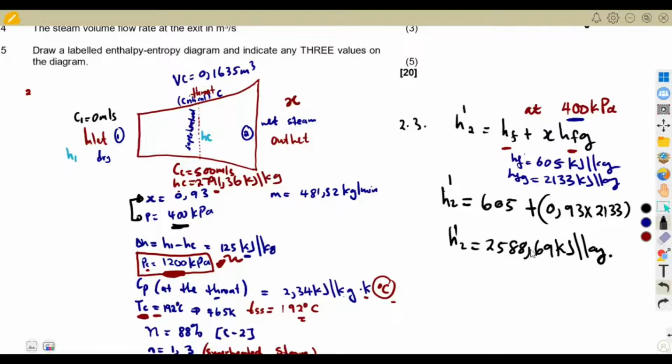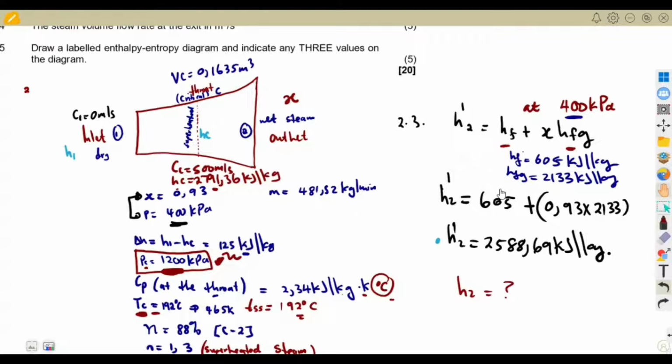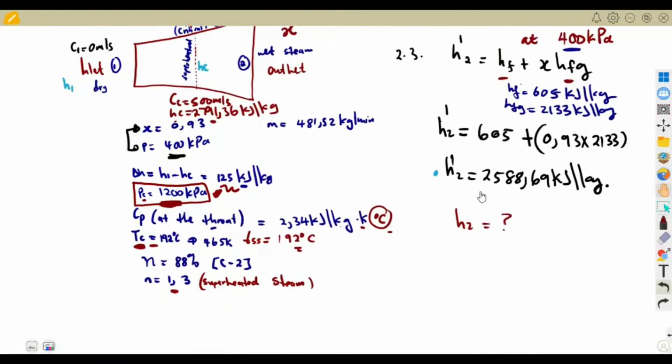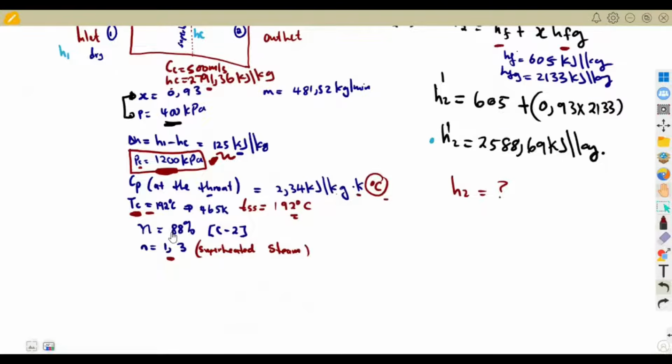Then what about the specific enthalpy now? For the actual enthalpy, in order to calculate it, we can take advantage of what we have also, because remember, we also have the efficiency of this section, which is the efficiency of 88%.